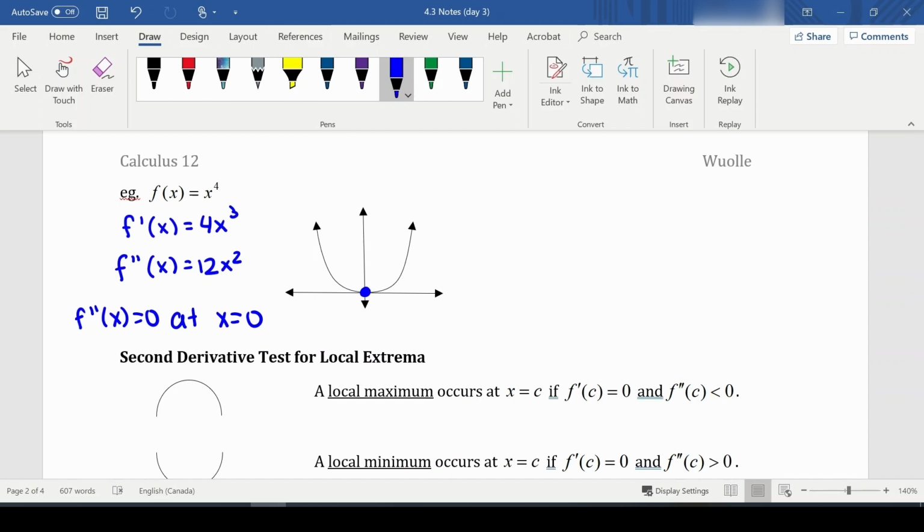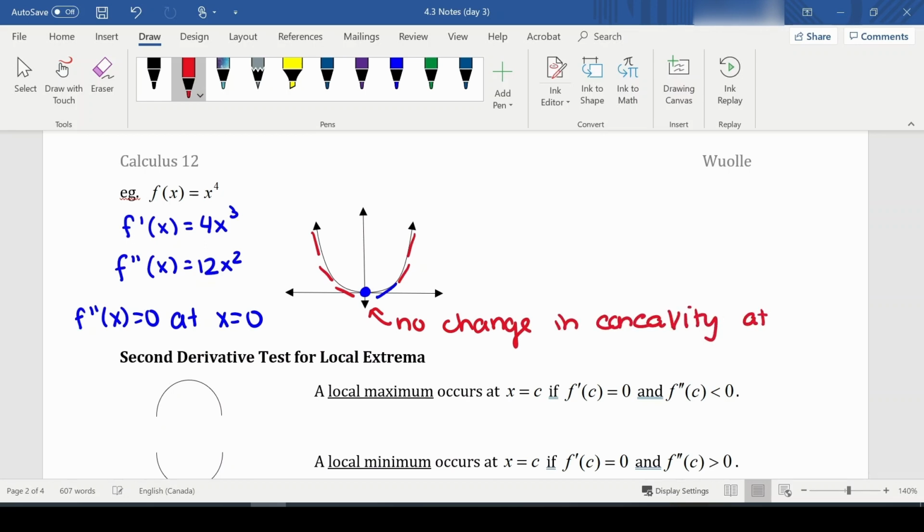However, if I look here, I can see that this entire graph is concave up. Anywhere I draw my tangent lines, they're going to lie below the curve. So there's no change in concavity at x equals 0, and therefore x equals 0 is not an inflection point.